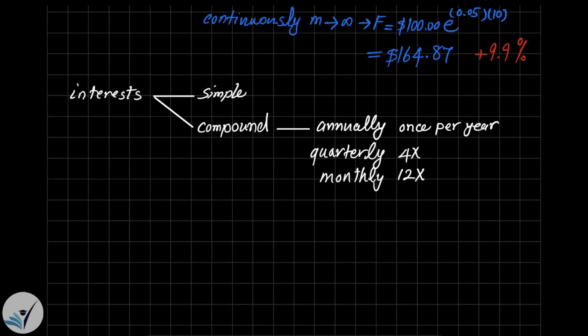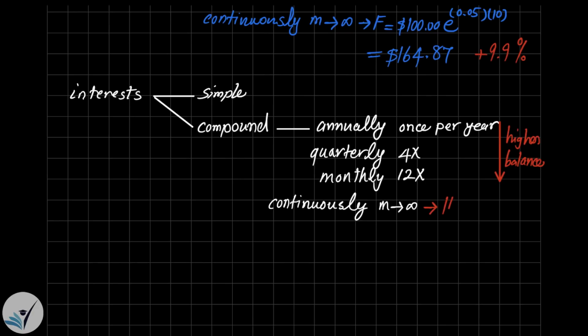We also learned that as the number of compounding periods per year increases, the total balance in the account will grow faster. And finally, we learned that in a special case, the interest could be compounded continuously. And in that case, the number of compounding periods approaches infinity. And this is the type of interest that would result in the highest balance.